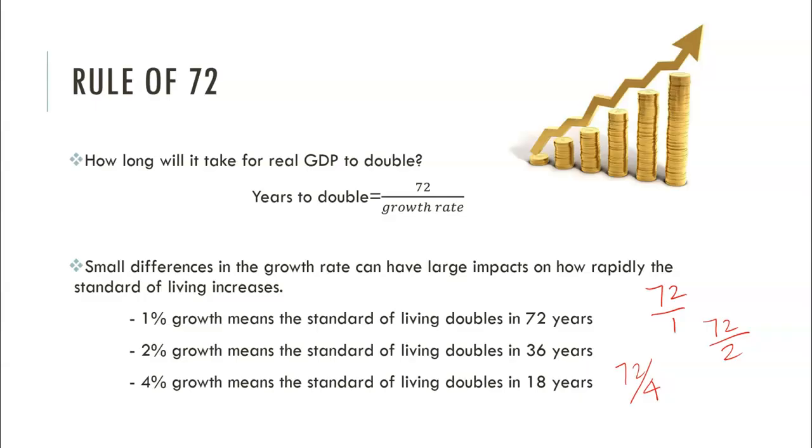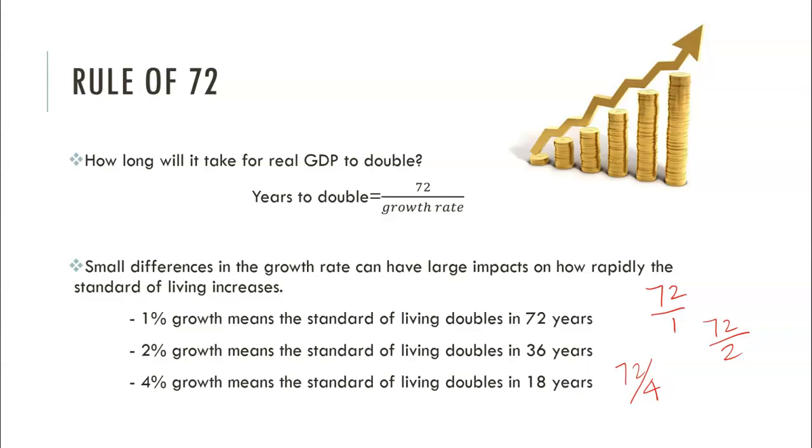At 1% growth, by the end of your life, things are going to be twice as good as they were when you were born, when you started. At 36 years, real GDP is going to double twice, possibly 3 times in your life. At 4% growth, now it's doubling every 18 years, and you might see that increasing 5 times in your lifetime, which means usually productivity is probably going up, wages are going up, and we assume standard of living is going up.